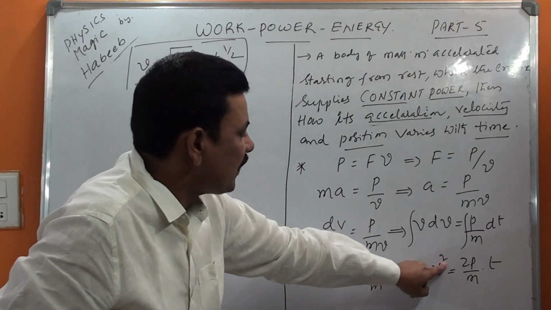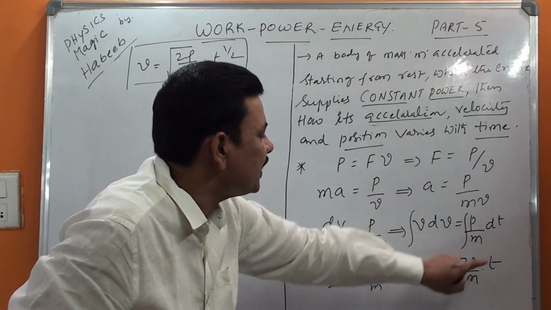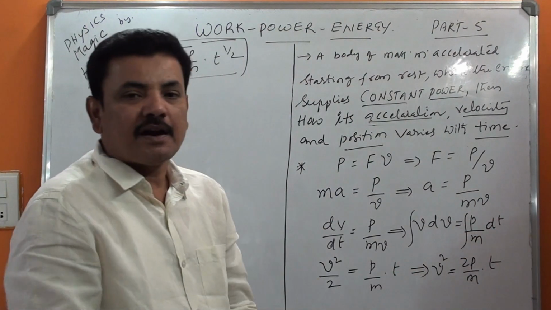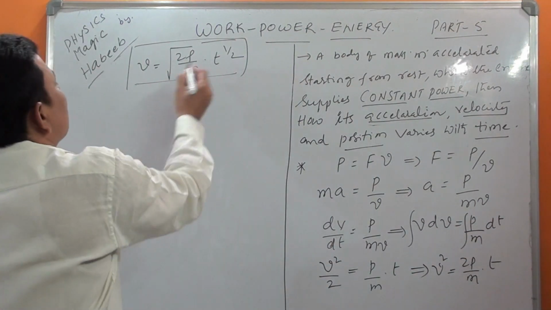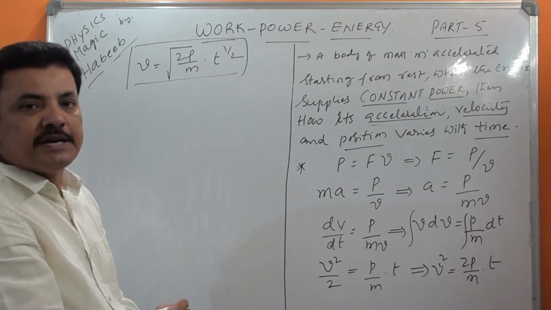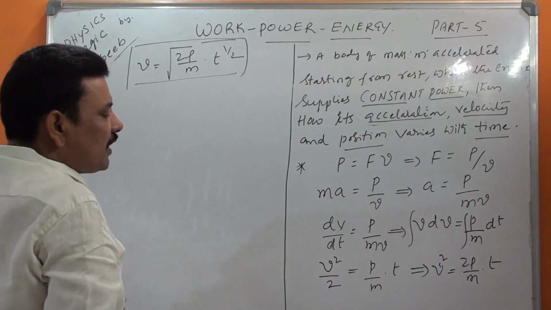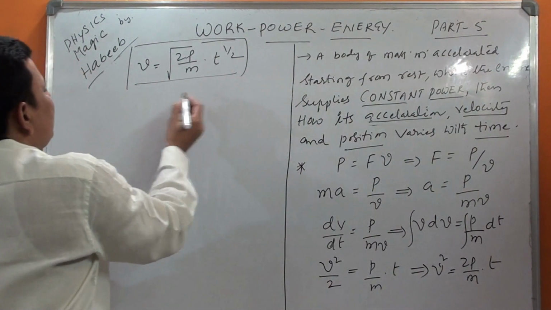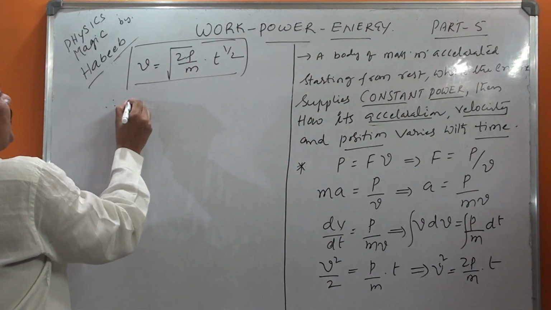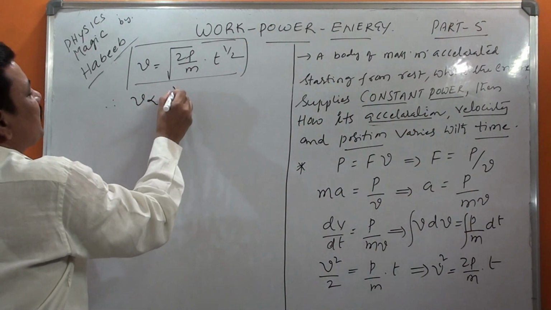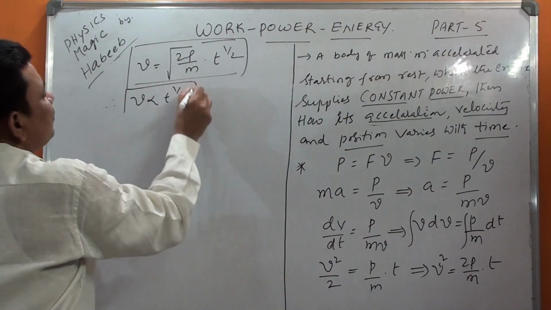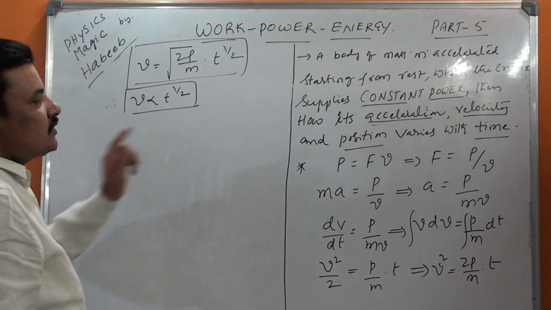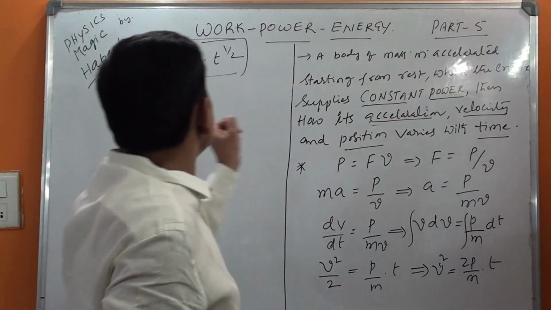The square I am taking out, so here it will come as root T, or T power half. So we got V is directly proportional to T power half. We got the velocity time relation.